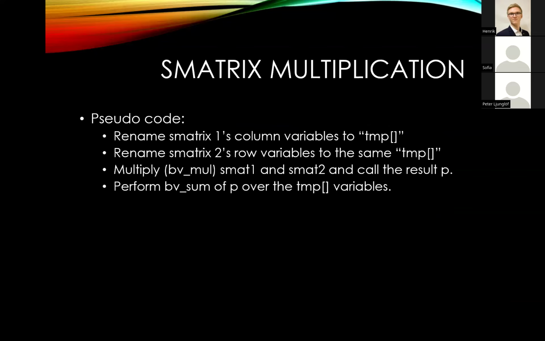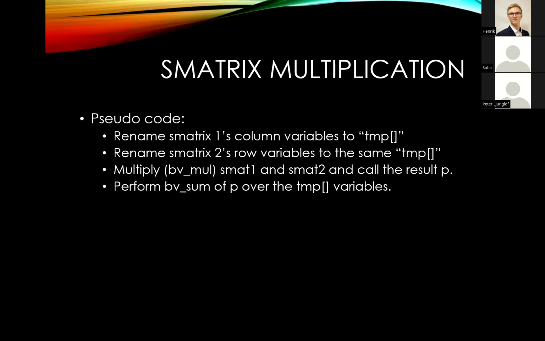So how do we do matrix multiplication now? Well, pseudocode is effectively the following. After all, what we want to do is we want to go over the first matrix for each row, we want to each column of the other one. So effectively the column of the first matrix and the row of the other matrix need to be summed up together.